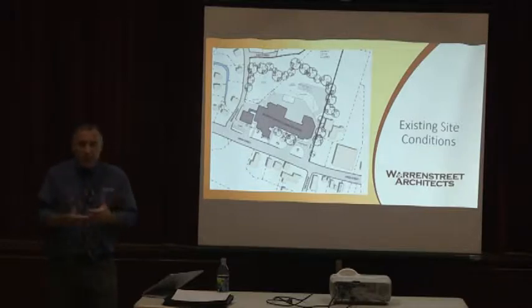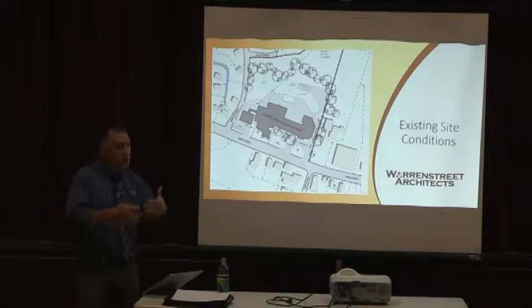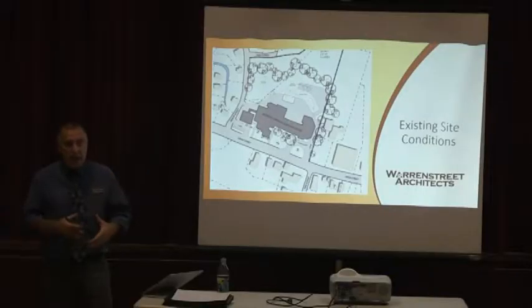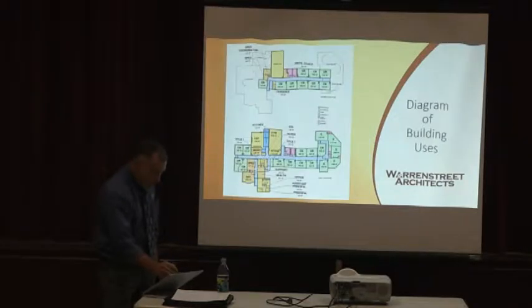That creates sort of a dangerous situation where you've got students being picked up and dropped off on the street, not on the lot itself. I know that the site itself is roughly about 5 acres. It might be a little bit more than that. But the problem is that there's some other natural features that get in our way. Essentially, when you look at the site, we've got the building in the middle, the gray box. We've got the portable classrooms on the end.